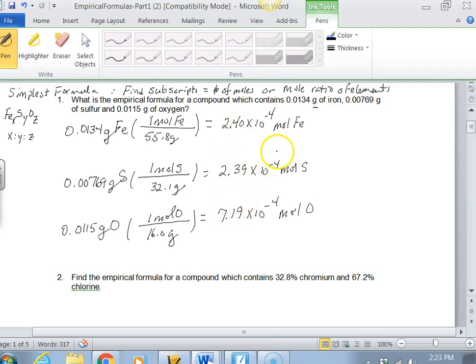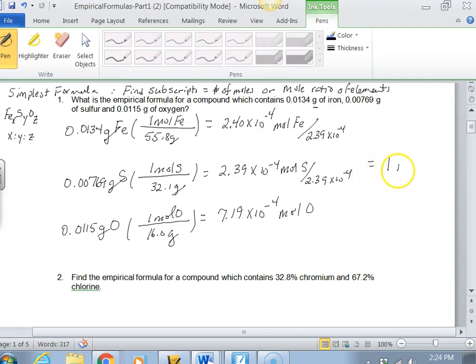But generally in chemistry, we prefer to have formulas that have simplest whole numbers, and this is not in simplest form. To get it in simplest form, we find the smallest value, which is 2.39 times 10 to the negative 4th, and we divide each quantity by that number. This one is obviously equal to itself, 1.